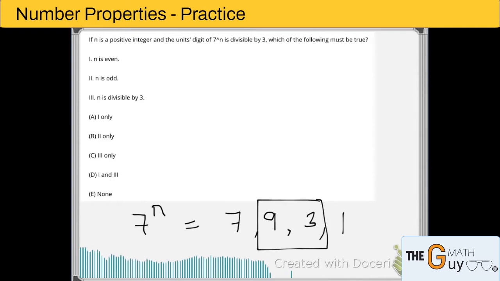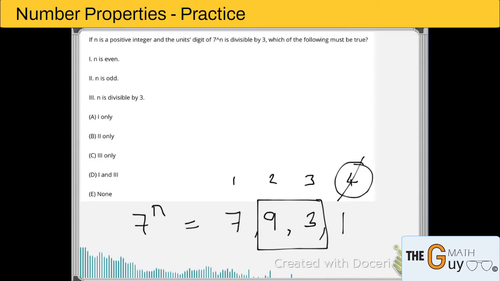These two are divisible by 3, which means we are looking at n to be 1, 2, 3, 4. We're not looking at n to be multiples of 4. And we're not looking at n to be giving us remainder 1 when you divide by 4. We're not looking for that combination also.